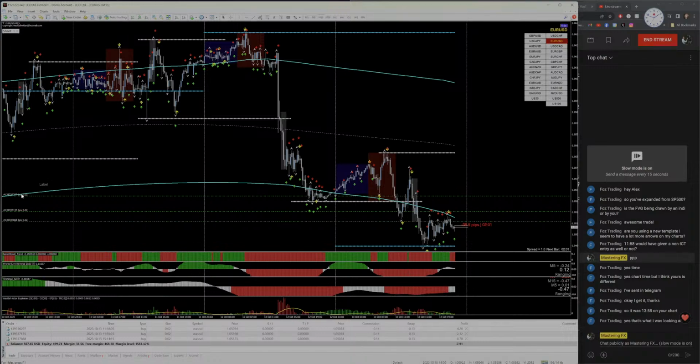And since I'm keeping my entries low in lot size, like I said, I have a total of 0.06 lots right now, and you can see my drawdown is 791 at the moment. Excuse me.